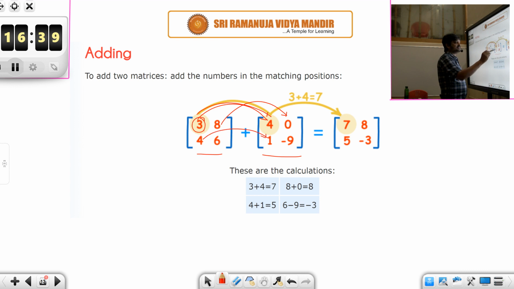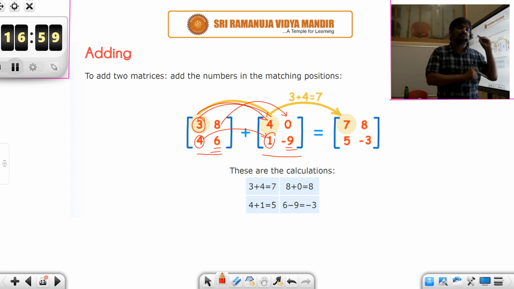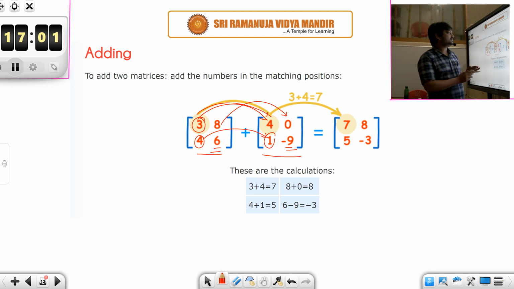You will be adding the elements which sit in the same corresponding positions. Similarly, add 6 with minus 9. You can add elements only if they correspond to the same row number and column number.